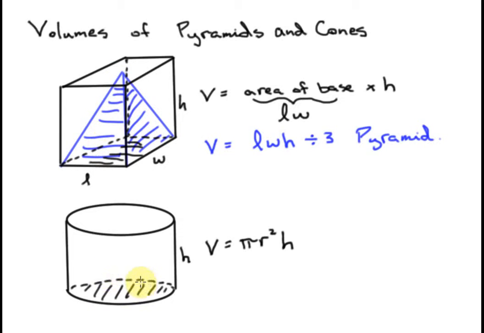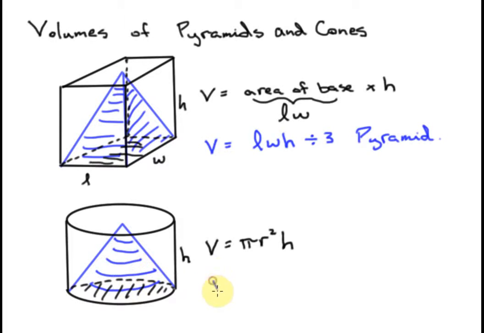Now if I go down here and do basically the same thing, because it's got a circular base, it's not going to be a pyramid, it's going to be a cone. I'm going to take this point on the top and run that down. So I've got this little cone inside of the cylinder, with exactly the same base radius and the same height as the cylinder.